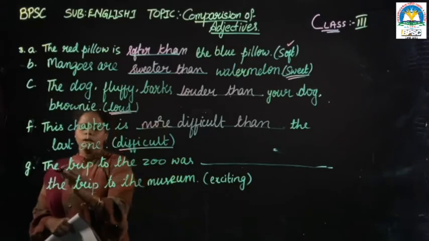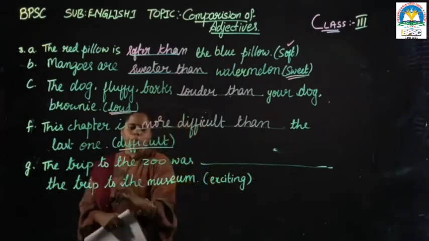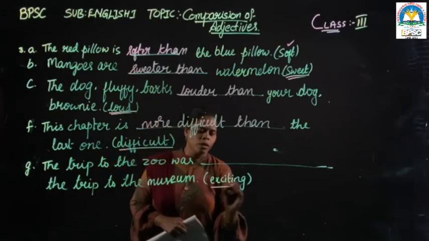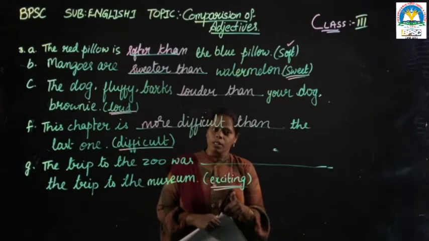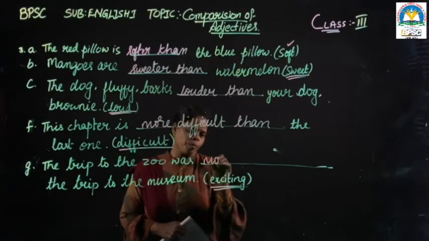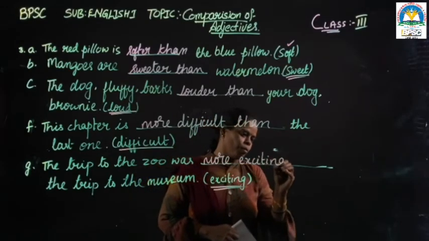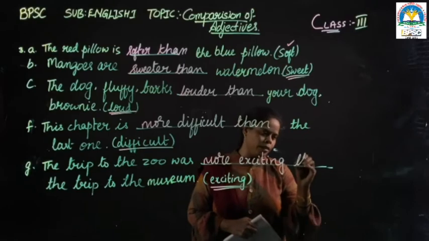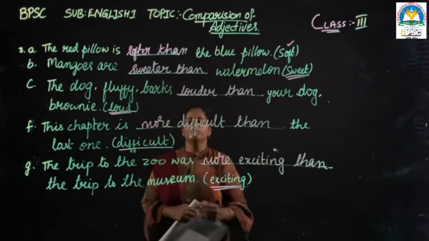Now, the trip to the zoo was dash the trip to the museum. Which adjective do you have to use? Exciting. It is also a long adjective. What do you have to write? More exciting. More exciting than the trip to the museum.